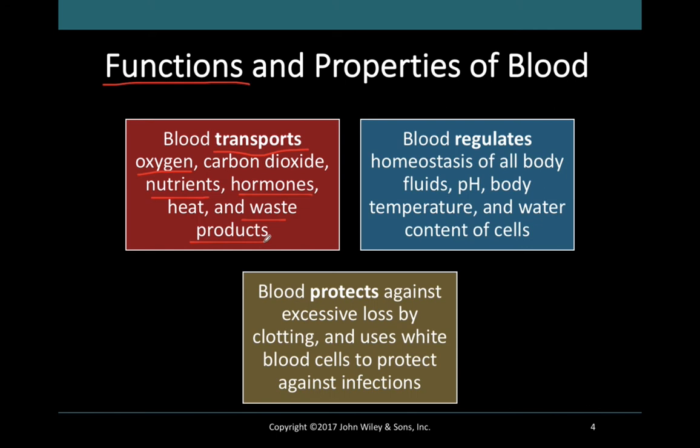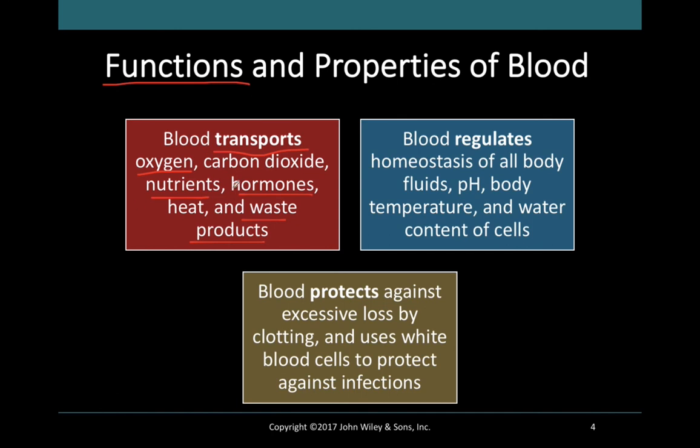And then when that oxygen makes its way into the blood, our red blood cells are going to attach themselves to that oxygen. They're going to pick up oxygen from the blood as it's diffusing into the blood, and they're going to allow for the transport of that oxygen throughout the entire cardiovascular system. Now, oxygen is not the only transport product. We'll also have some carbon dioxide being transported, nutrients from the digestive system.